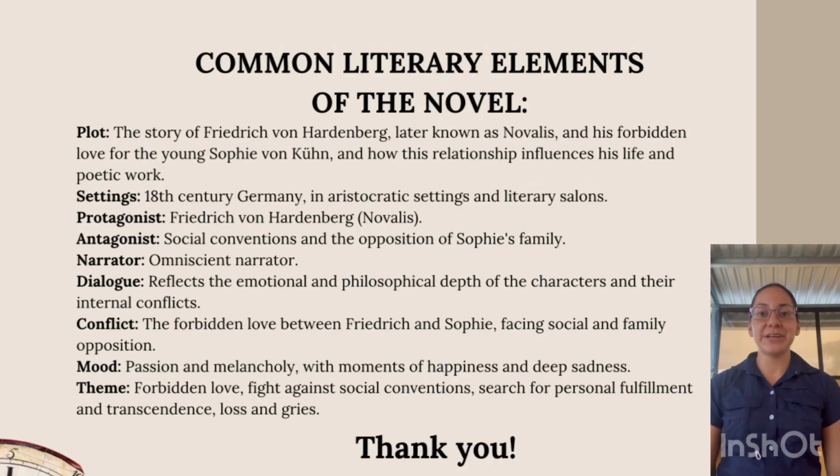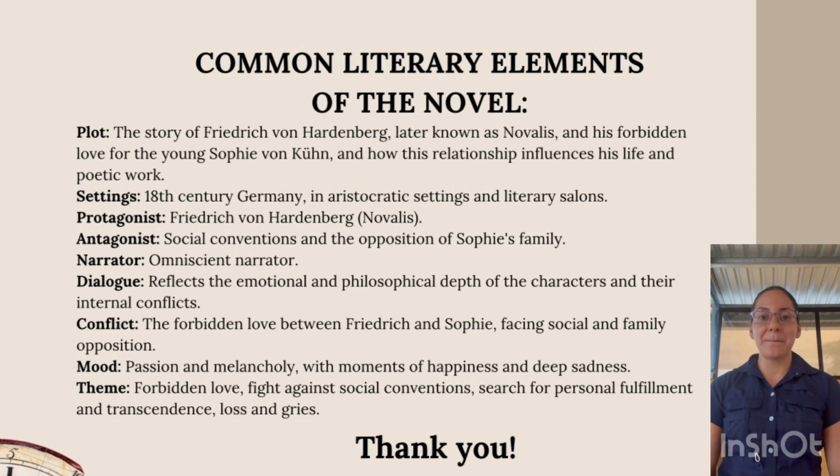To finish this video, I will talk about common literary elements. Plot: the story of Friedrich von Hardenberg, Novalis, and his forbidden love for Sophie von Kühn, influencing his life and poetry. Setting: 18th century Germany, aristocratic environment and literary salons. Protagonist: Friedrich von Hardenberg, Novalis.